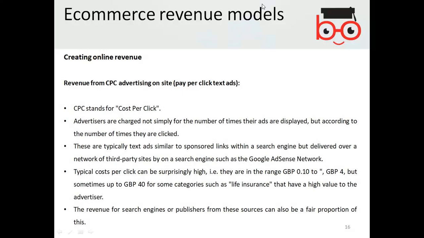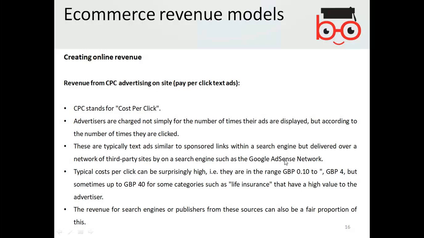Revenue from the CPC. CPC is cost per click. Cost per click is when you are clicking on the advertisement, like Google AdSense.